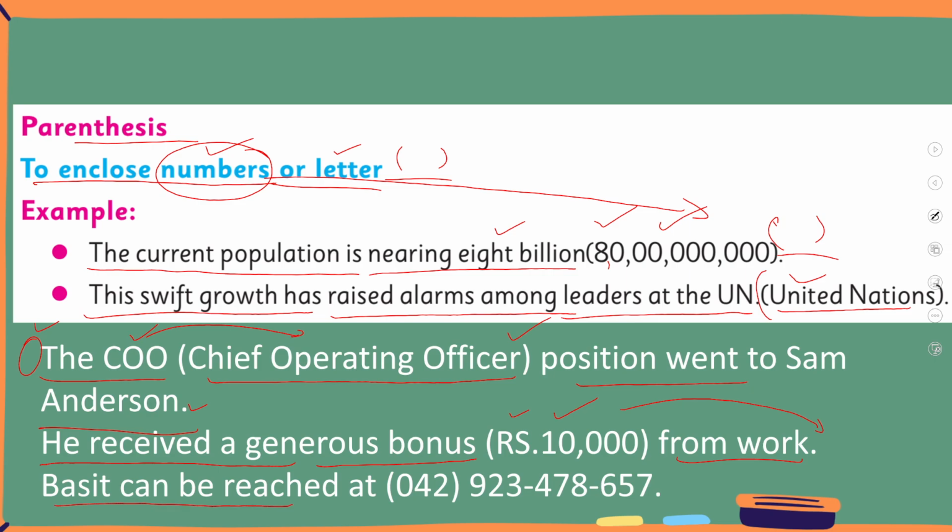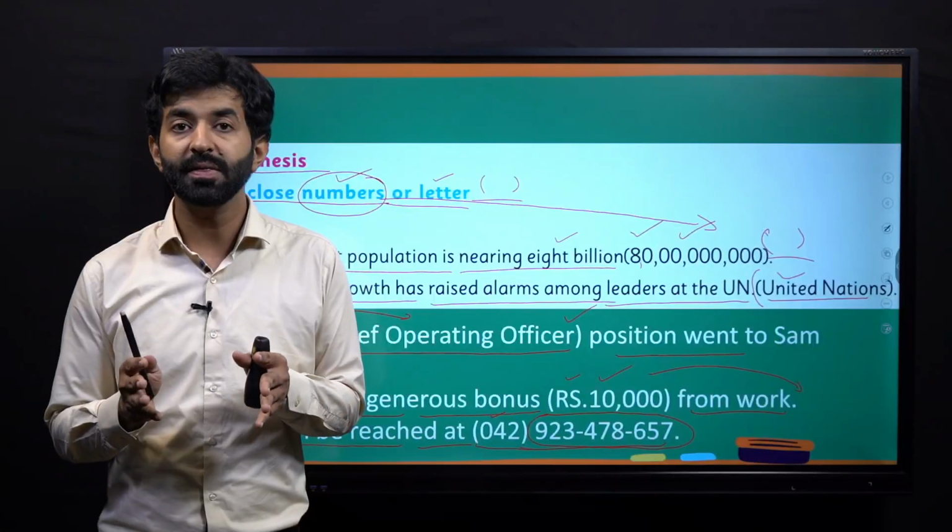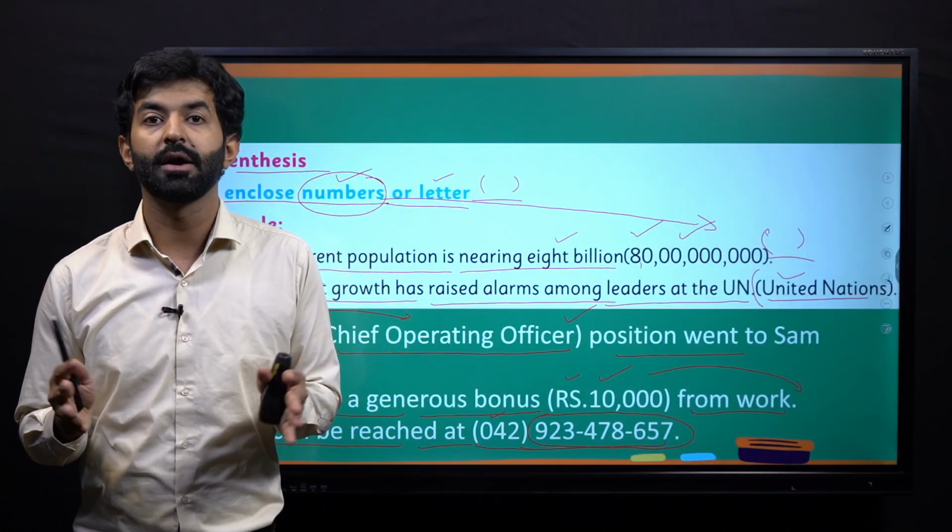Basit can be reached at this number. Now, students, when we are using the country code, every country has a different code, every area has a different code. So if you want to give a number, you can enclose the country code in brackets and then the rest of the number. So this is also a very important use of parentheses that we see in our daily life.